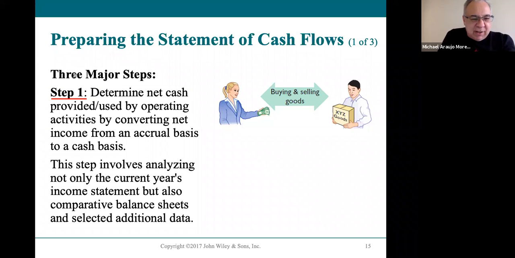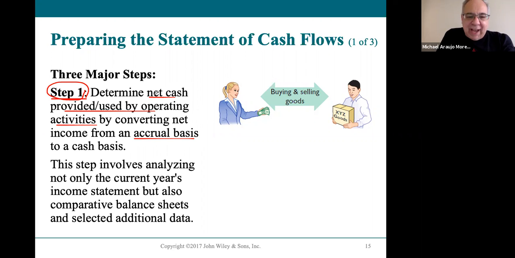But 3 steps here. We're going to need to determine net cash provided by operating activities. This is the critical step here, because when we actually did the income statement, we used GAAP, right? We used generally accepted accounting principles. And that meant we used an accrual basis to do our income statement.